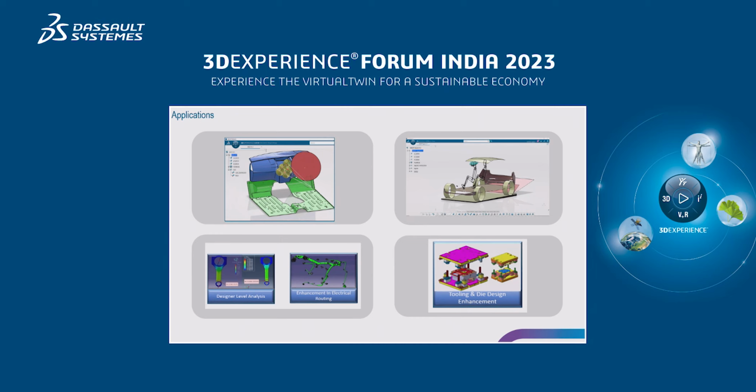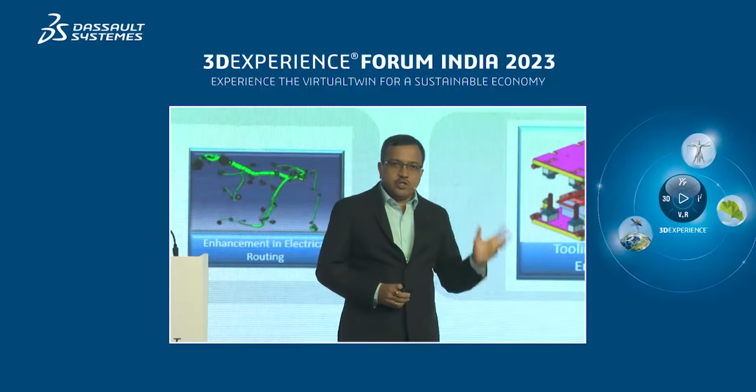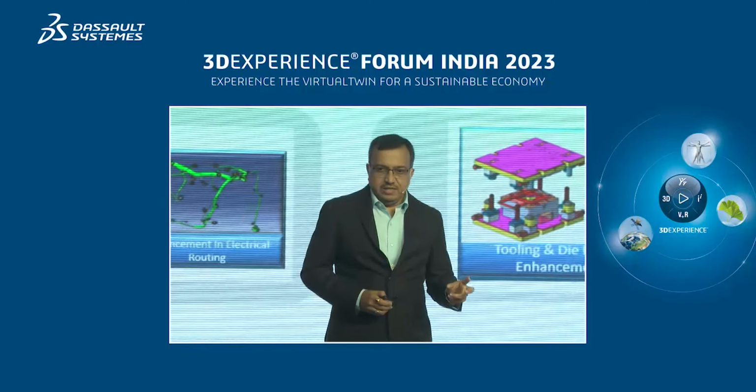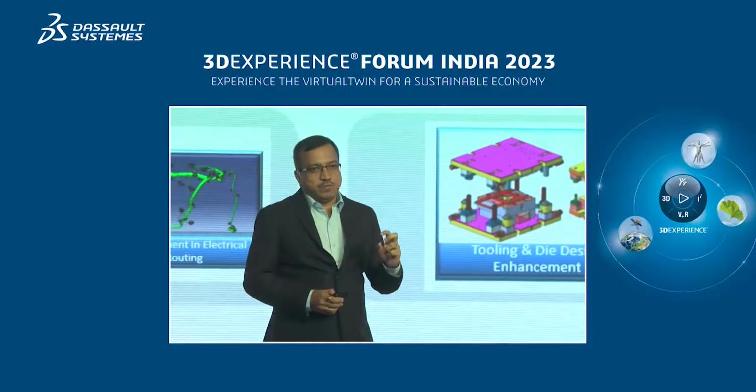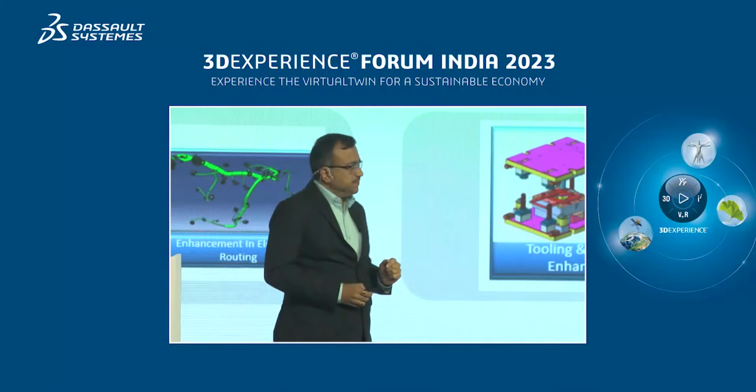We have BIW design, we have styling of a car, we have analysis on top of it. We have electricals, because electric vehicle is another aspect which is coming up. And lastly, we have tooling and die design. A similar portfolio is also available for our manufacturing portion, which sits on top of Delmia applications.